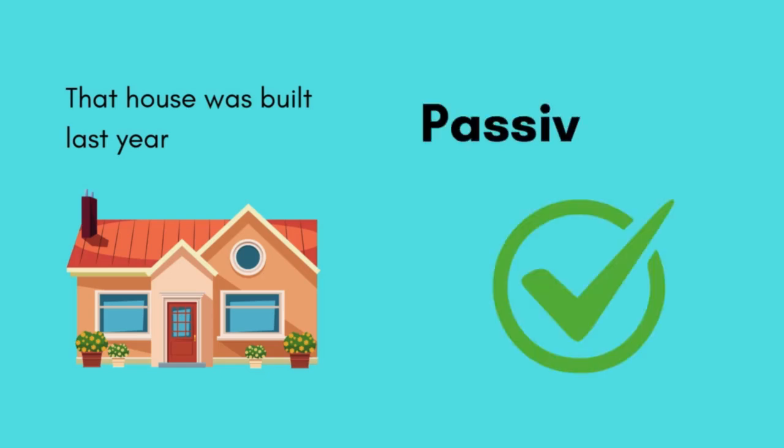Exactly. This is also passive voice. We have was, or to be, and built, which is verb 3. And then the focus is on that house. Here, we don't even need to say by whom that house was built because the important thing is that the house was built. How did you do?